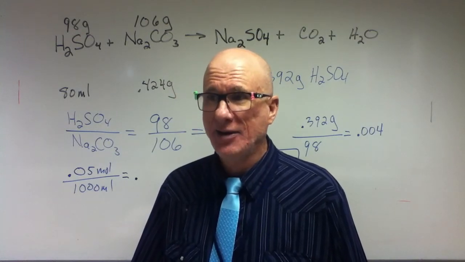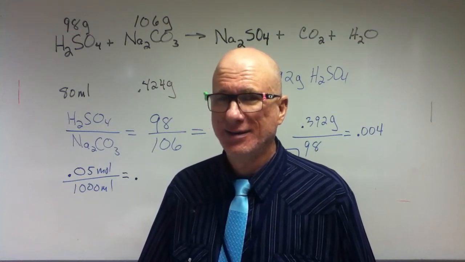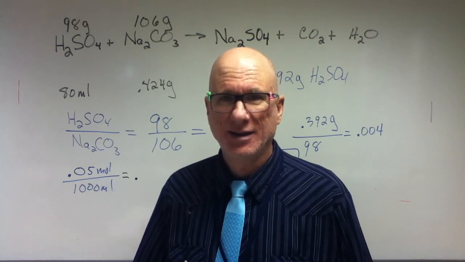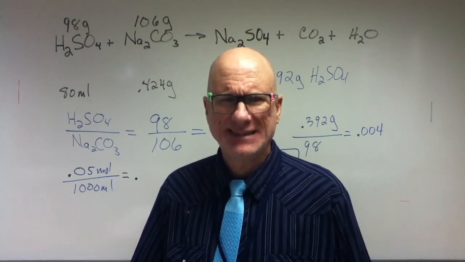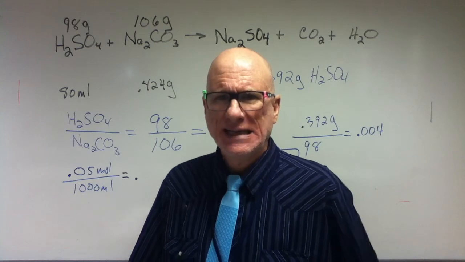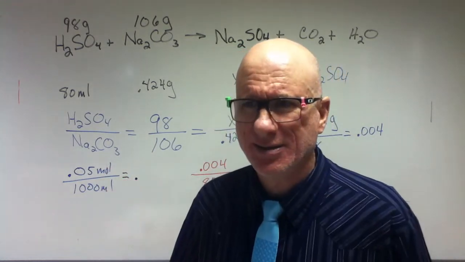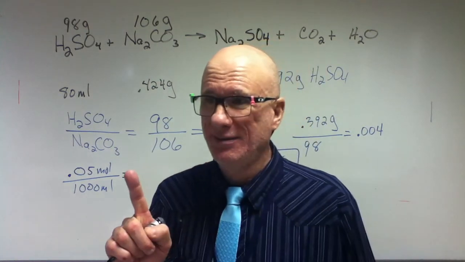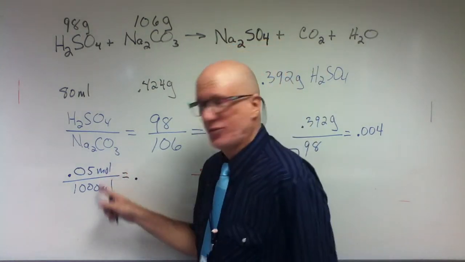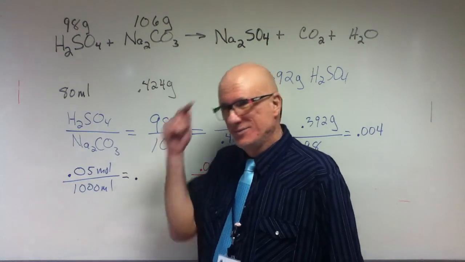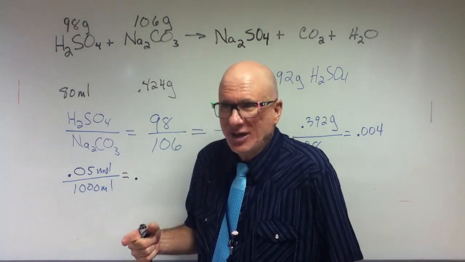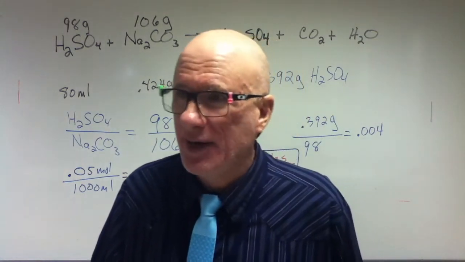You can do this. You need a calculator? 5 times 10 to the negative 5. No. Isn't molarity the number of moles per 1,000 milliliters, not per 1 milliliter? You're dividing that through. So it's 0.05. Isn't it per liter? Isn't it moles per liter? Isn't that what molarity is?